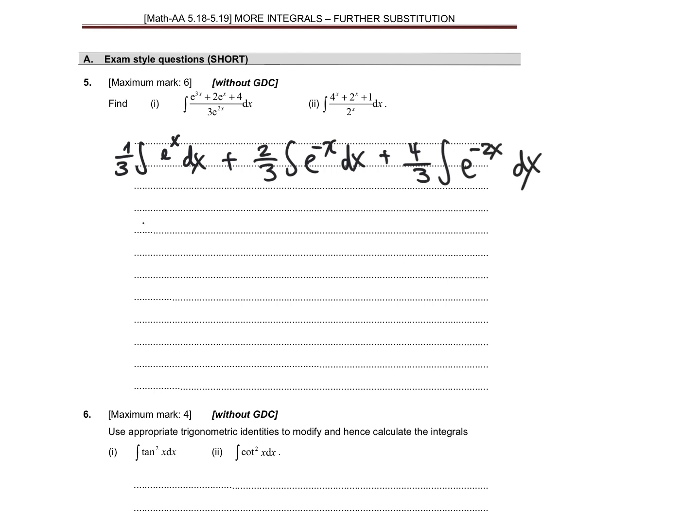Okay, so then this is just going to be e to the x. This is just going to be 2/3 e to the negative x divided by negative 1. So I'll just do a negative out here. And then plus 4/3 e to the negative 2x divided by negative 2 plus c.